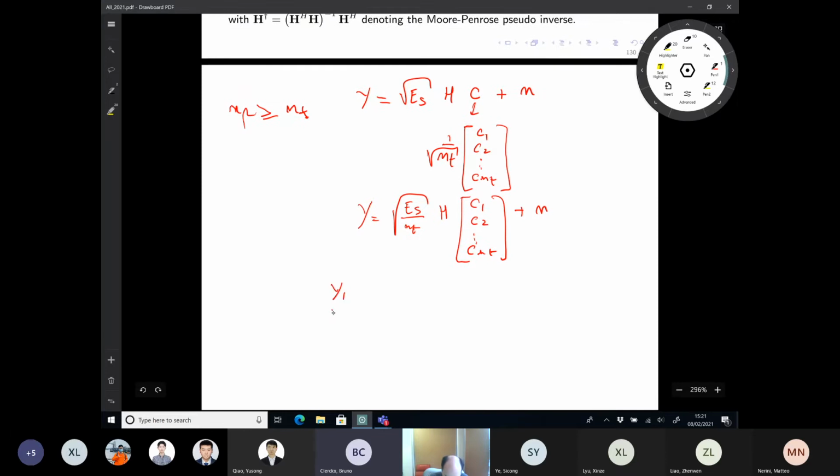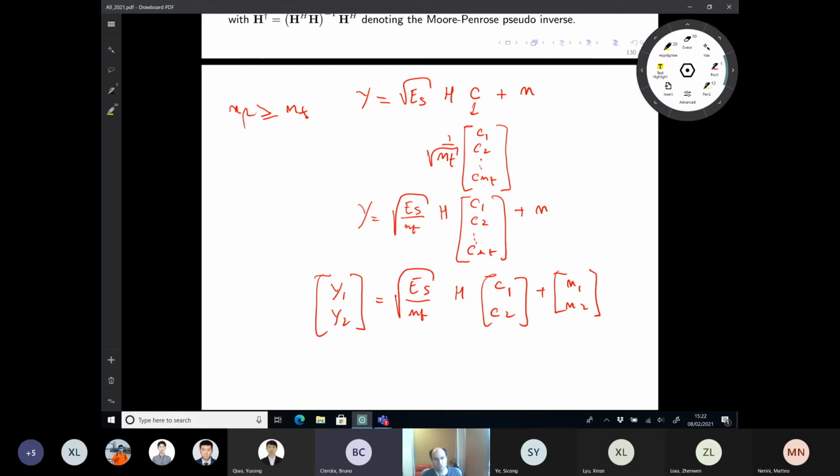Let's imagine I have y1, y2. I have 2 receive antennas. And I have Es over NT, and I have H, c1, c2, plus n1, n2. Right. What can we do at the receiver in order not to do the joint maximum likelihood decoding?